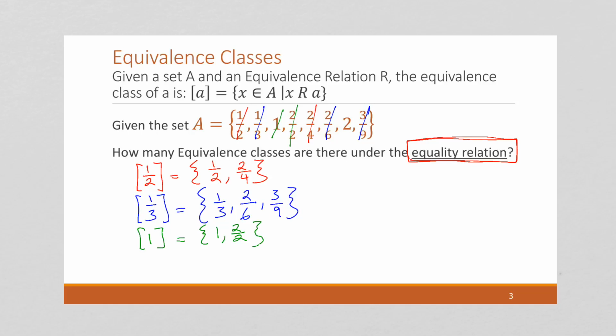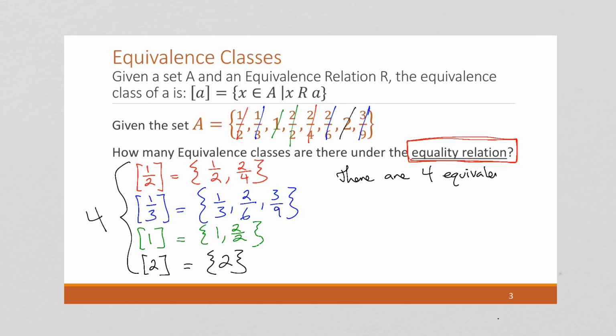And then finally our last element is a 2, and it's all by itself. So there are 4 equivalence classes over set A using the equality relation.